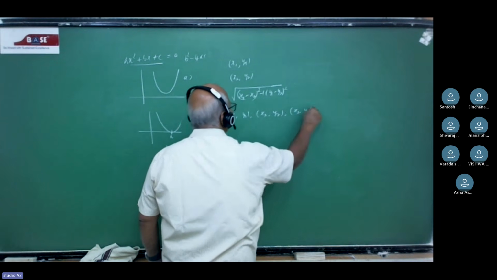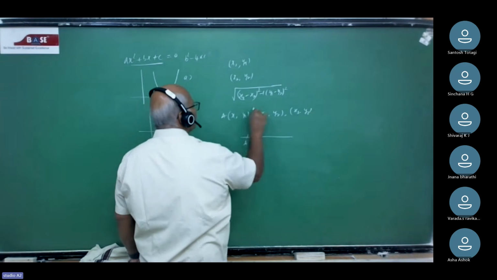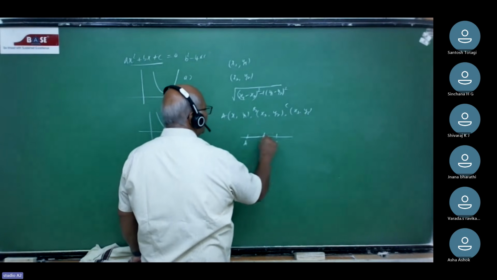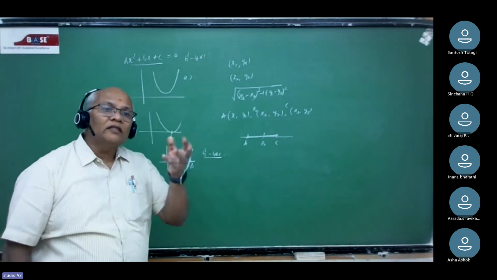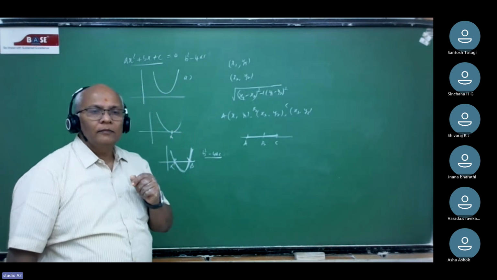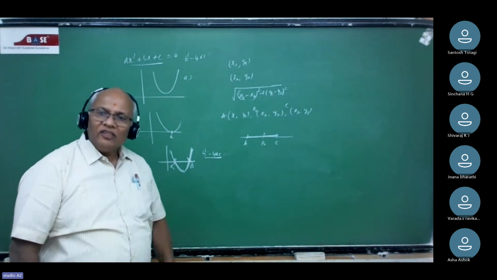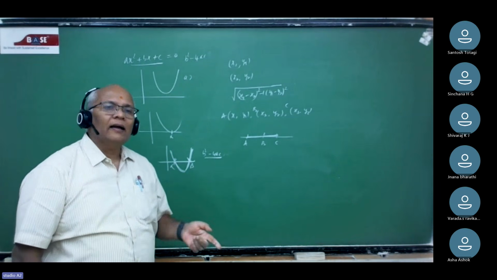Suppose you are given 3 points x1, y1, x2, y2 and x3, y3. The 3 points under discussion might be on one single line. That's point A, this is point B, this is point C. Remember, if AB plus BC becomes equal to AC, then obviously these 3 points will be collinear. Suppose these 3 points are not collinear, in which case they obviously form a triangle.